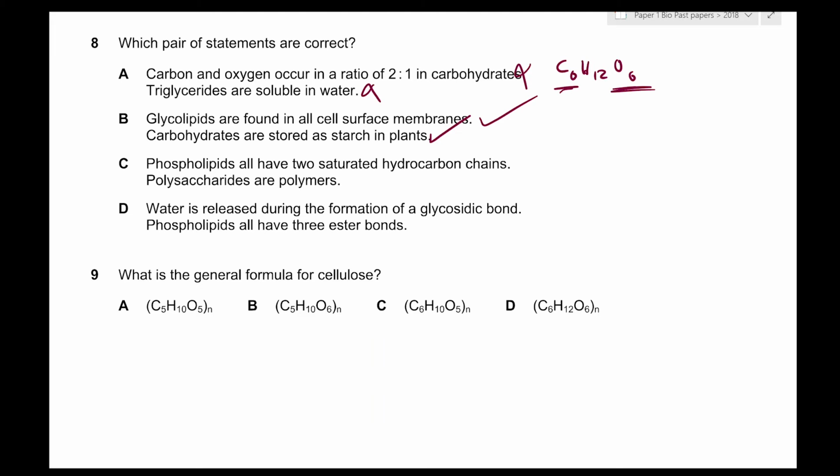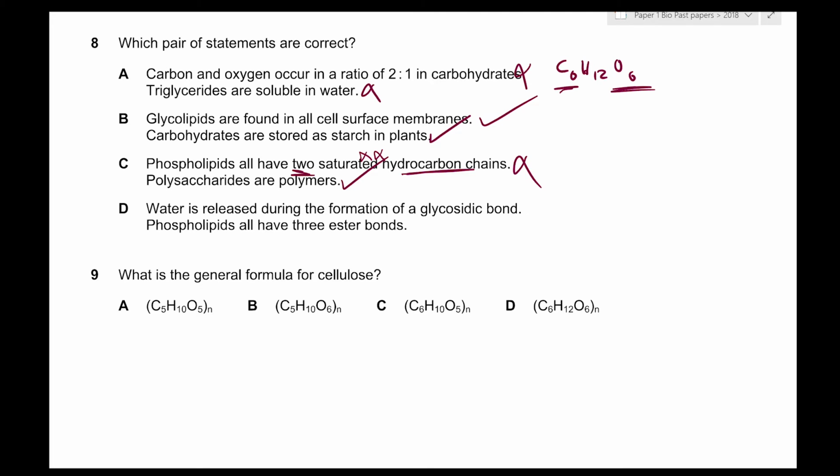Now for C, phospholipids all have 2 saturated hydrocarbon chains. Now, the trick is with the wording of this question. Phospholipids do have 2 hydrocarbon chains, but not necessarily saturated. They could also be unsaturated. Therefore, this is incorrect. And polysaccharides are polymers. Yes, this is correct. Polysaccharides are sugar monomers put together, making a polymer. So therefore, this is correct.